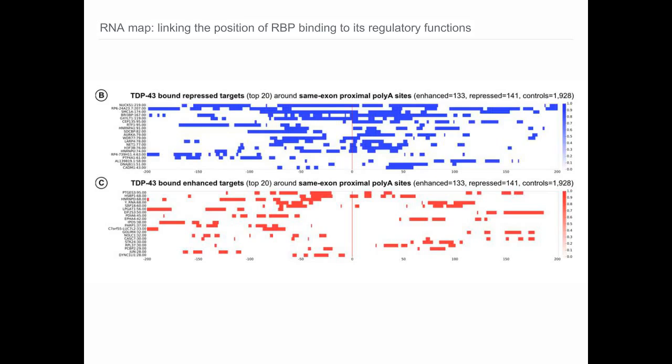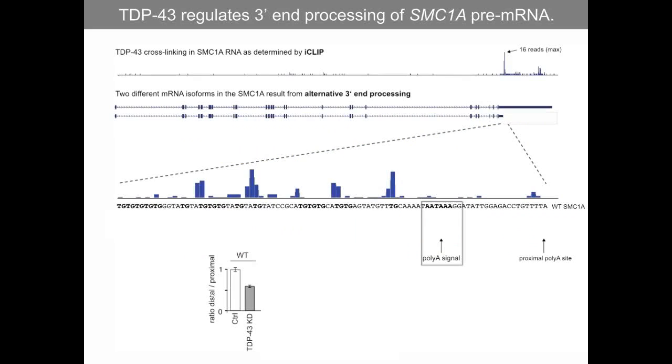So that's really what we are interested in our group, to understand these positional patterns of regulation. And here you can see one example gene. You can see how TDP43 binds very strongly to one specific region in the pre-mRNA. And this region is right next to the proximal polyA site.